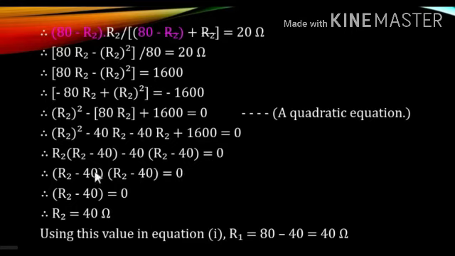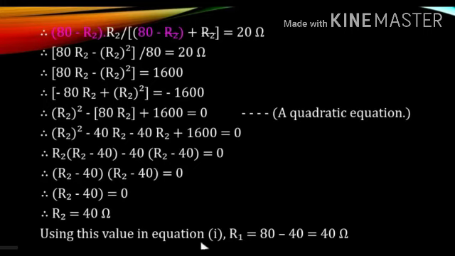That means one of the values must be 0 so that the total multiplication will be 0. Therefore we will put R2 minus 40 is equal to 0. Therefore R2 will remain on the same side, and this minus 40 is transferred to the other side so that it will be 40 ohm.